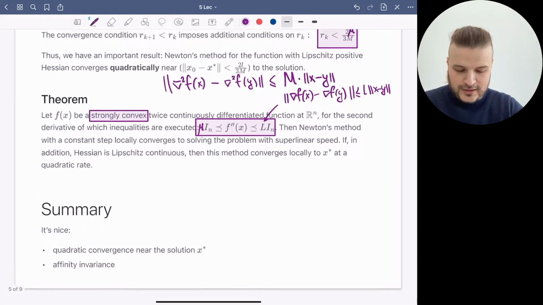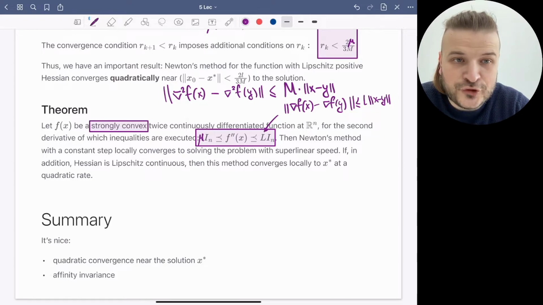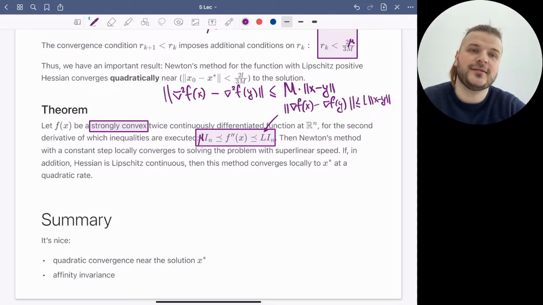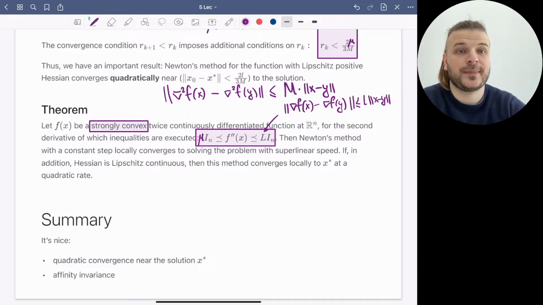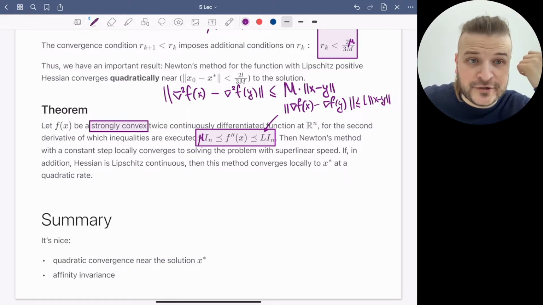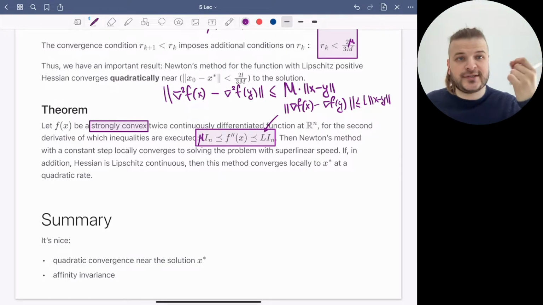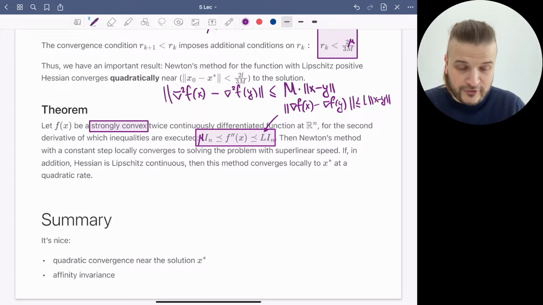That's it. Compared to gradient descent, this convergence is much faster, but it is a local one, and we saw that if you are far from the minimum, you can have some difficulties. Typically, the Newton method will give you superlinear convergence speed, while gradient descent can give you only linear convergence for strongly convex functions, right? That's what we have to know about the Newton method.